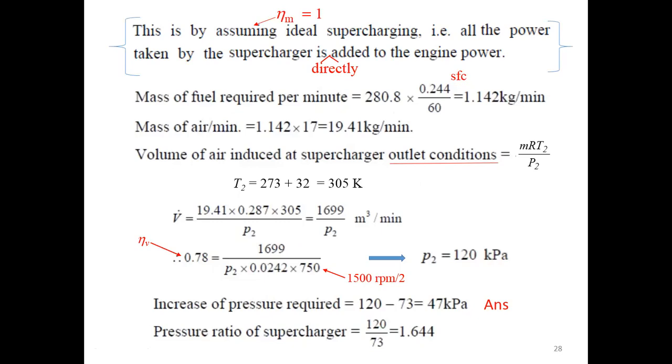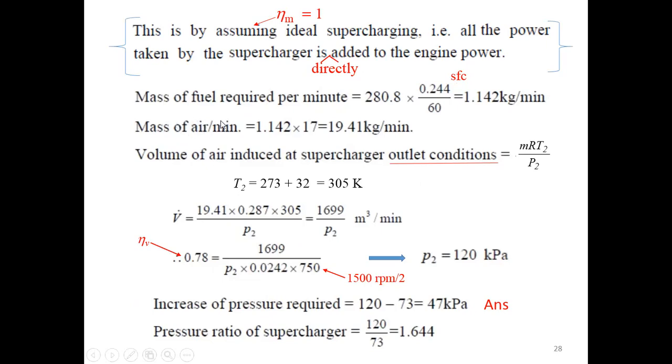Now with the total power produced by the engine, we know the mass of the fuel required, because we know the specific fuel consumption and we know the power output from the engine. And since we know the mass flow of the fuel, we can know the mass flow of the air.